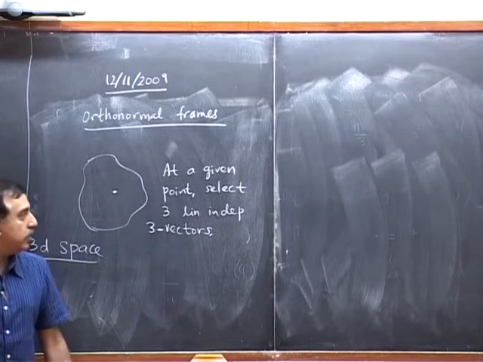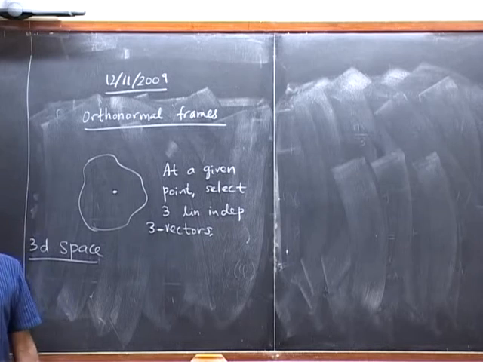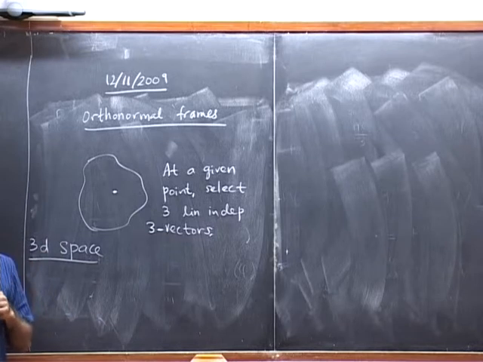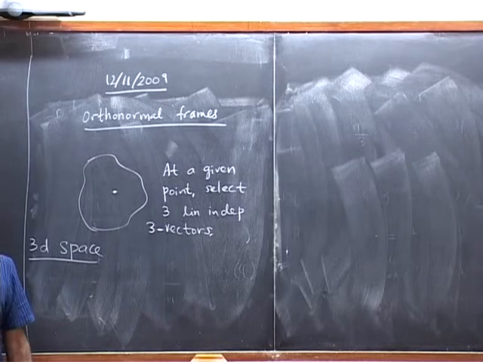Okay, an obvious choice might be in some coordinates to say that they are the 3 vectors 1, 0, 0, 0, 1, 0 and 0, 0, 1. Those are 3 linearly independent vectors and those are called basis vectors.